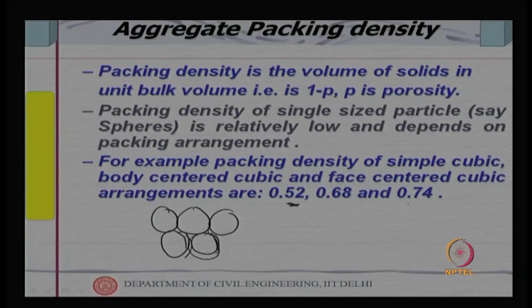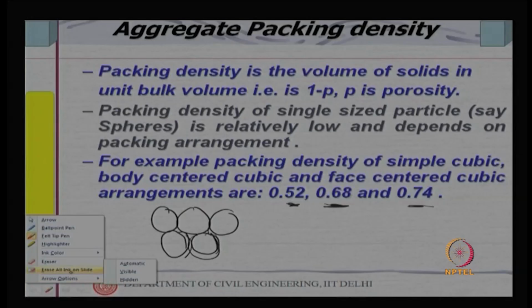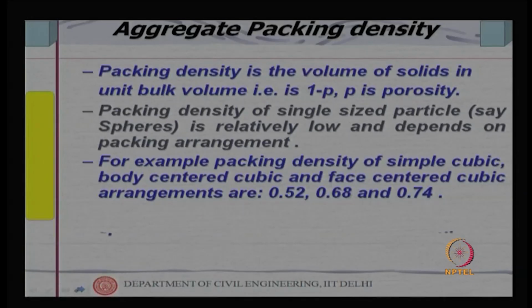So, depending upon the type of packing, for example, for body centered cubic arrangement it is like this, and face centered cubic arrangement it is 0.74. So, it depends upon the packing and is independent of the size, because if you recall the d cube got cancelled, therefore, it is independent of the size and depends upon the packing characteristics.